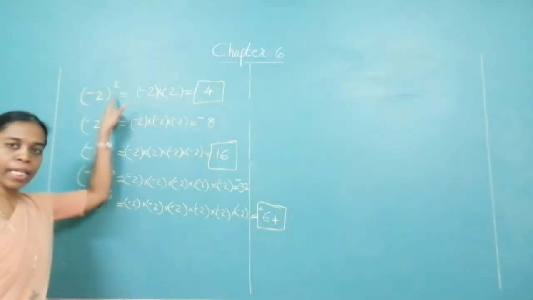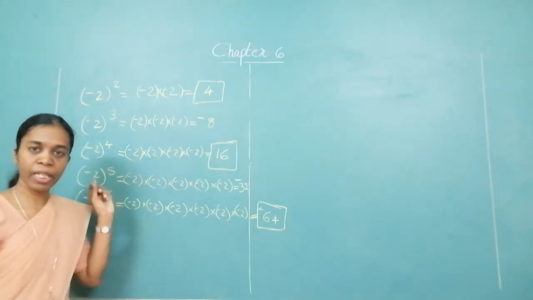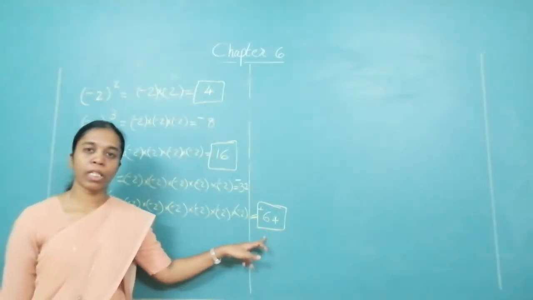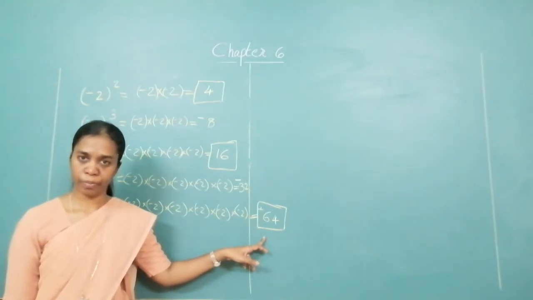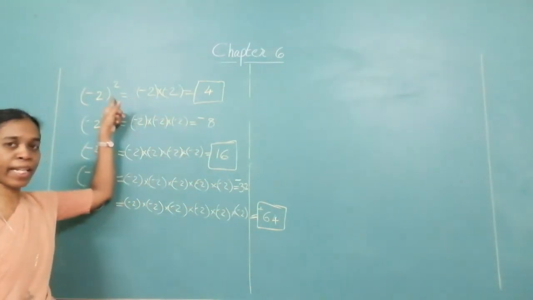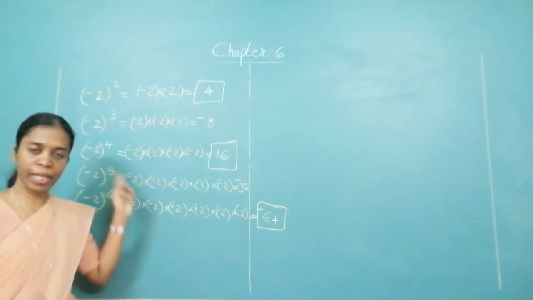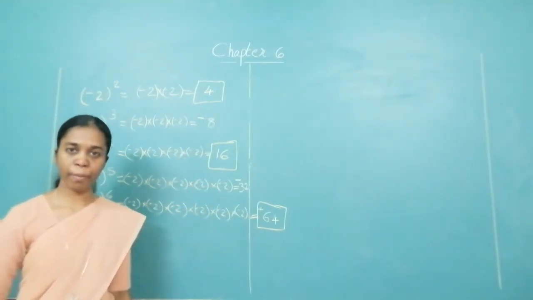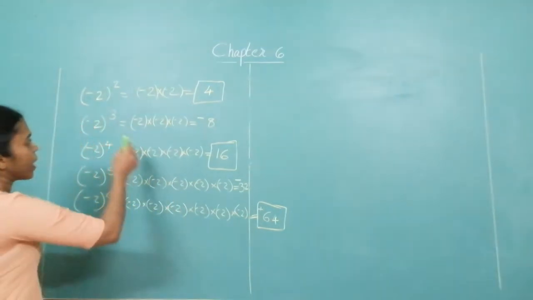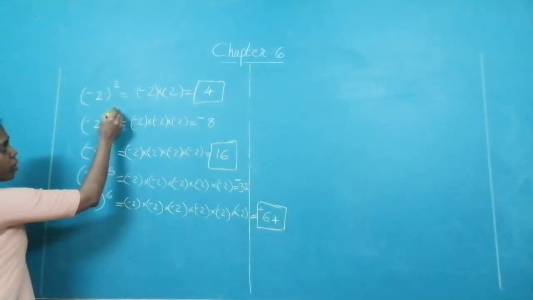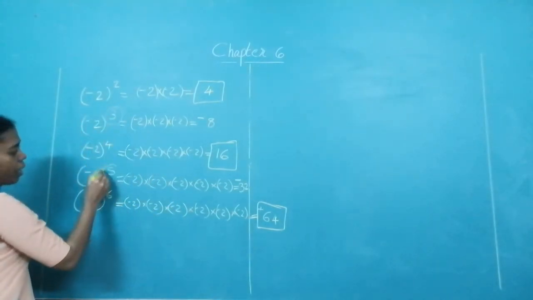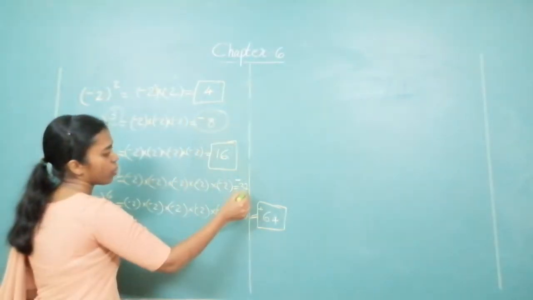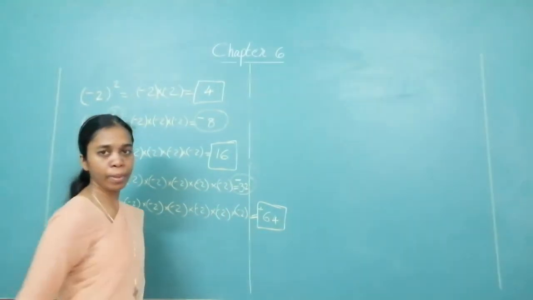When the index is an even number, the value is a positive number. If the index is odd, you can see that 3 and 5, when it is odd, you look at the value. Value is a negative number.